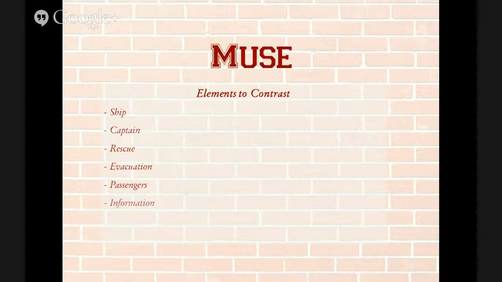Also, the way information was shared or not shared, how much did the crew tell the passengers aboard the Titanic versus how much did they tell the passengers aboard the Costa Concordia. You can also contrast the safety features aboard each of the ships, and lastly, the general behavior of the passengers. So this isn't a comprehensive list. You are free to compare and contrast other elements, but just to get you started, those are some ideas for you to think about.